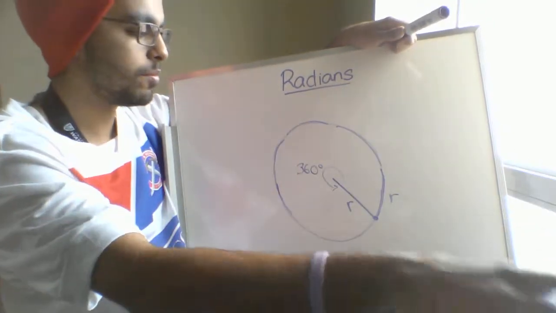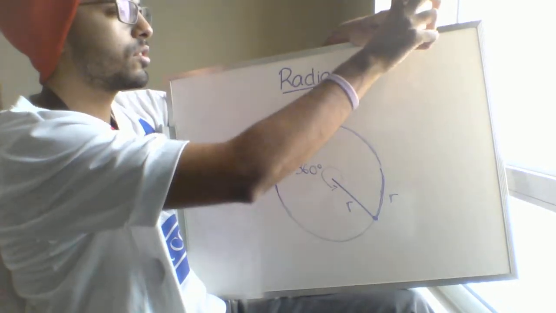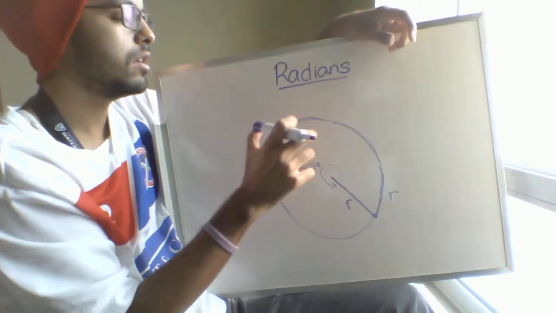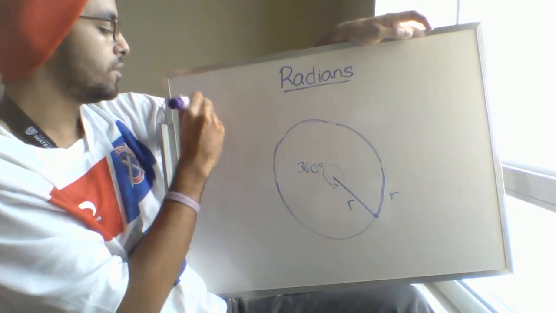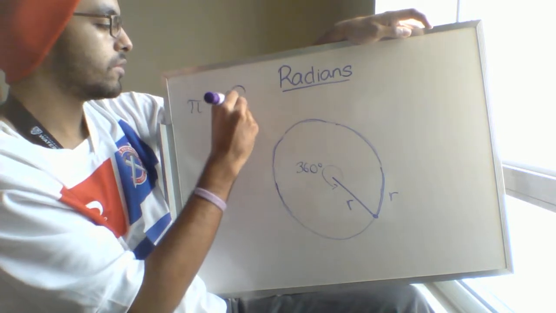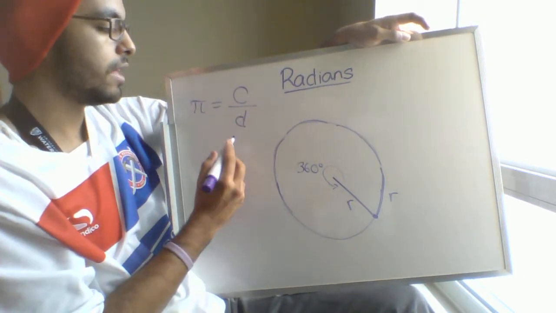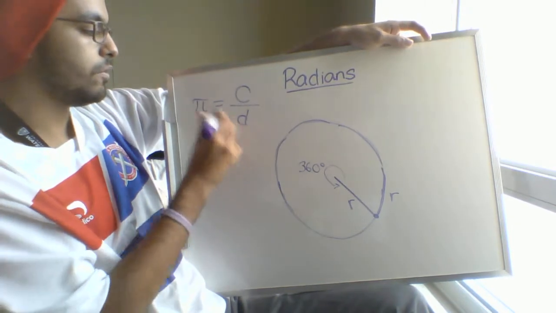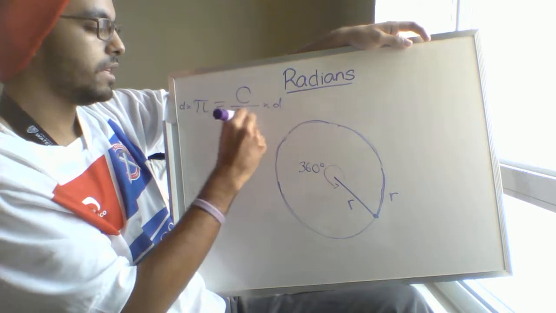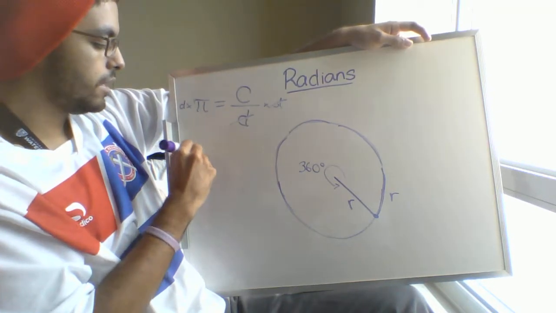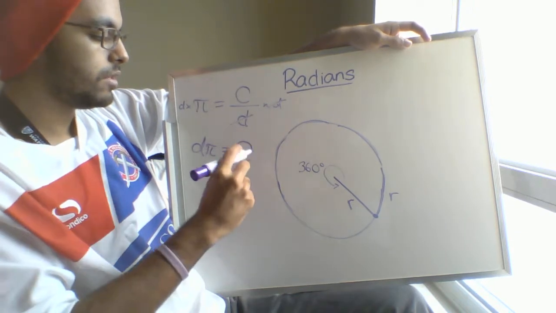The way we can break this down is, let's think about one of the previous bonus questions on your exam, which was, what is pi? We said it's the ratio between the circumference of the circle and its diameter. If you rearrange this, multiplying both sides by d, the two d's disappear, and you get d times pi is equal to c, the circumference.